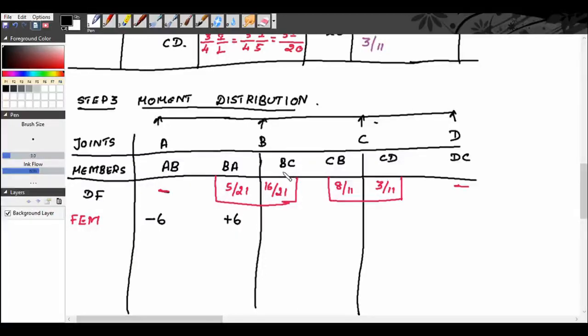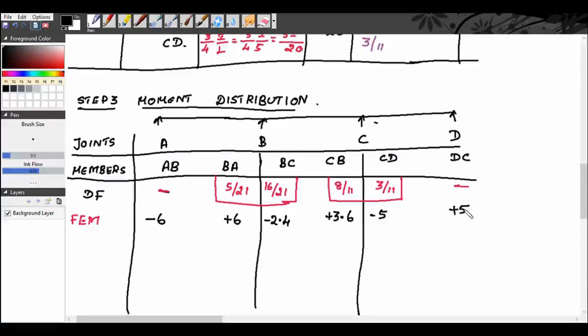For BC, it is minus 2.4. For CB, it is plus 3.6. For CD, it is minus 5. And for DC, it is plus 5.